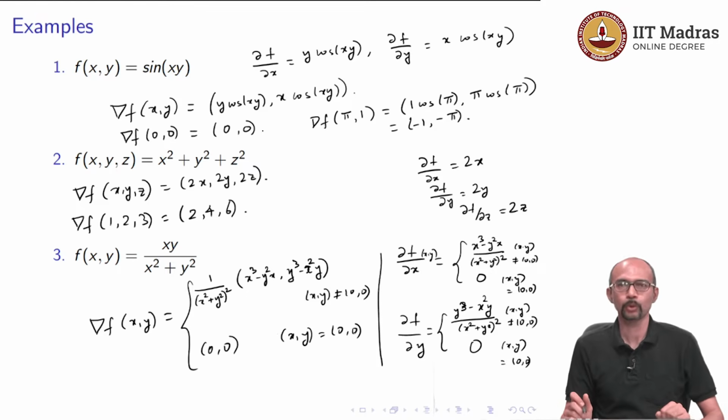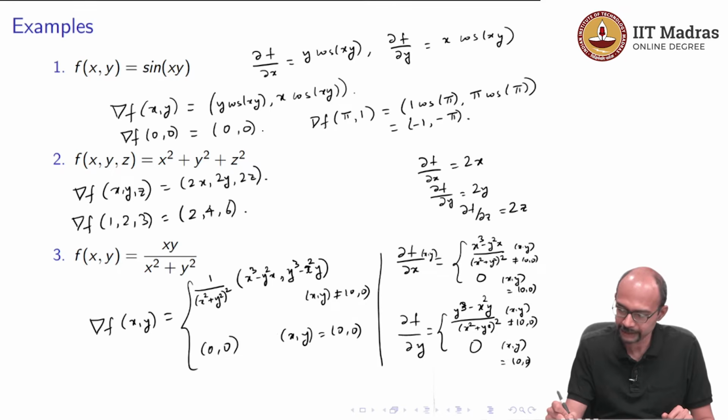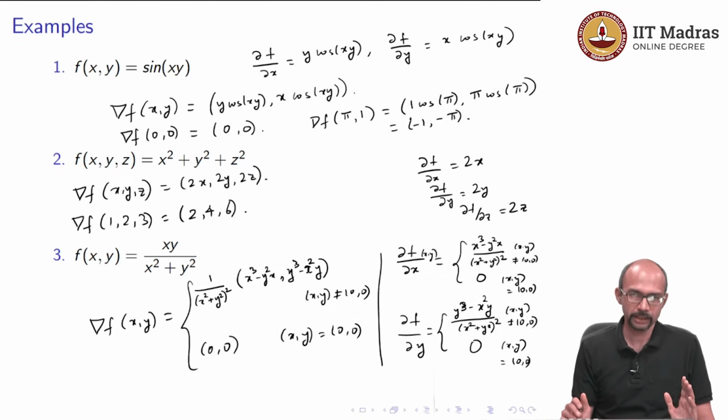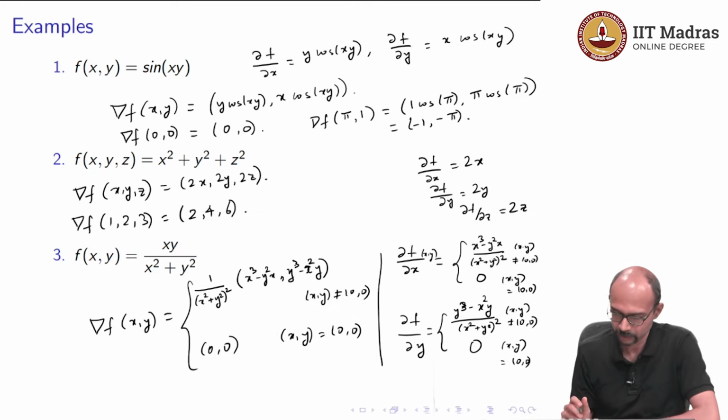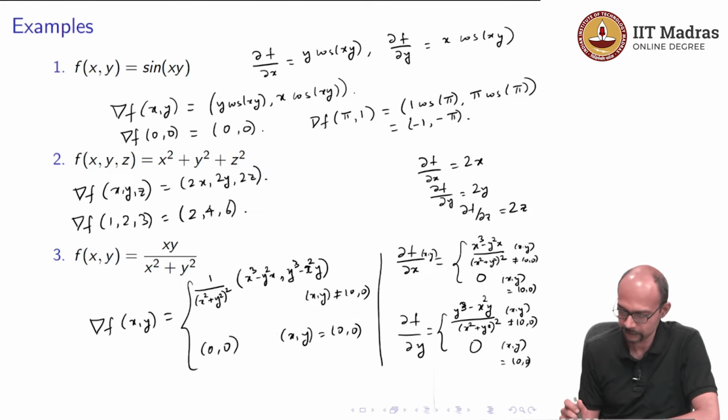There are two things to note here. First of all, since we now know what scalar multiplication is, I have pulled out this common factor 1 by (x squared plus y squared) squared. We can do this even for functions, and what this means is that it is multiplied to each of the components. We have done this idea extensively when we did linear algebra, and it still holds here in spite of the fact that these are functions.